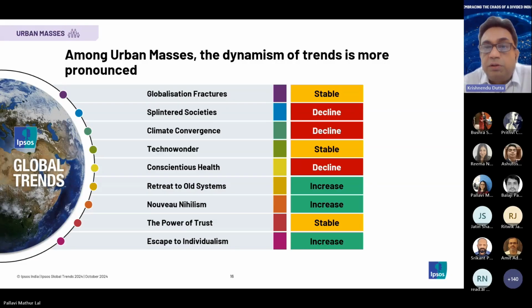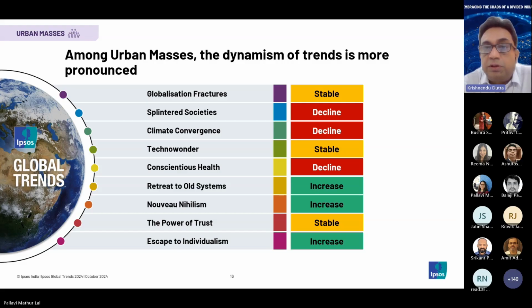Surprisingly, this cohort has often been considered the moral backbone of India. And they show this time around a steep decline in pride for their country. The boxes on these charts that you will see on this slide and the next few slides are top box scores, strong agreement scores on specific attributes which bring out the flavor of the trends.